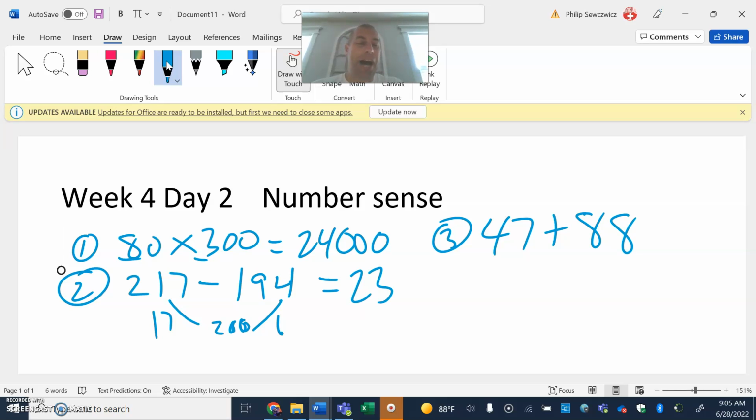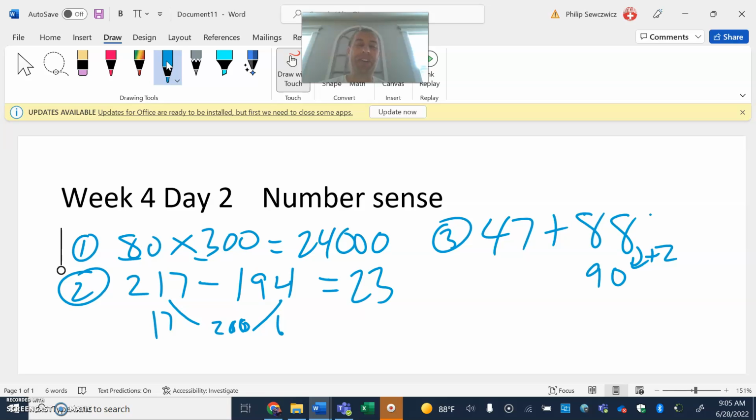I'm going to change this 88 to a 90, which means I had to add 2 on. 90 plus 47, that's not bad, because 40 plus 90 is 130, plus the 7 more, 137. But because I added 2, I now have to go in reverse and take 2 away.